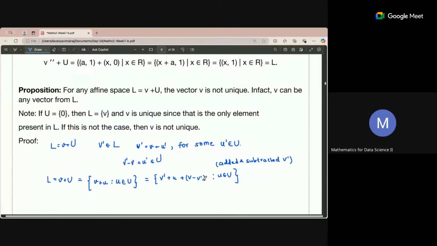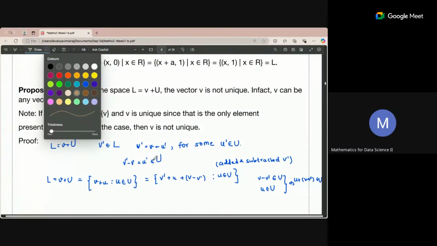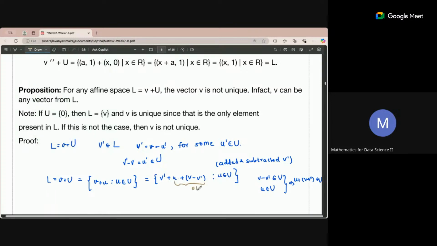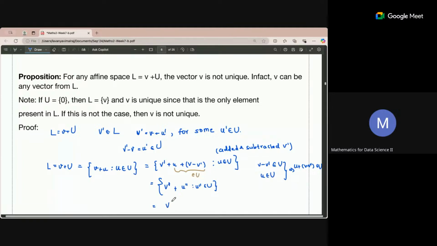V' minus V belongs to U, so V minus V' also belongs to U. Your u belongs to U, so this implies that u plus (V minus V') belongs to U. So this entire term belongs to U, and I can rewrite this as V' plus some u'' where u'' belongs to U. So I have written this as V' plus U. The same L I have written as V' plus U.